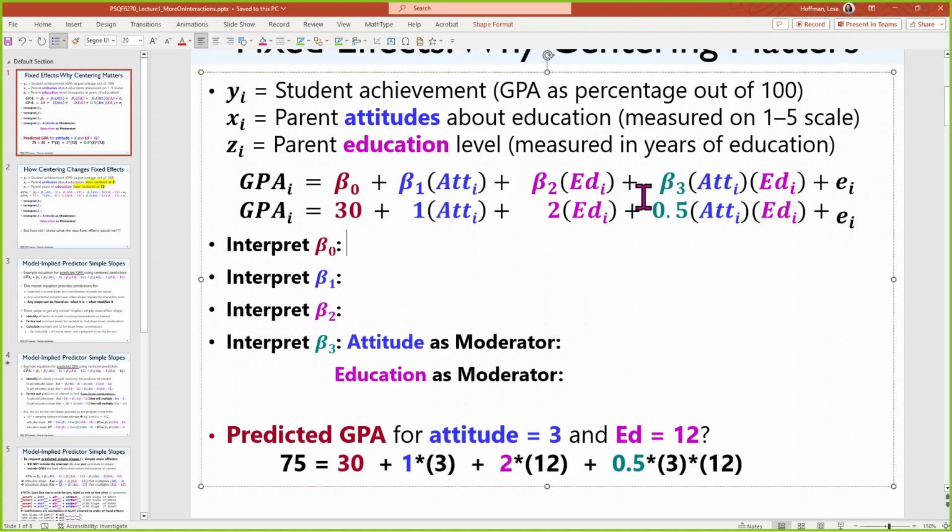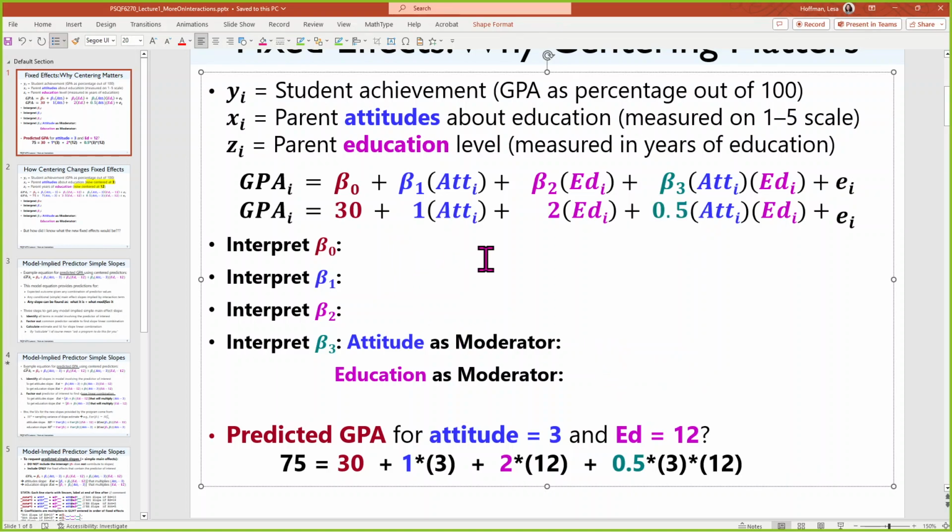And I put my predictor variables in the model. I think that the effect of having more educated parents is going to be enhanced in people who think education is important. That's my hypothesis. Okay? I'm right. This is my world. I made the interaction term positive.